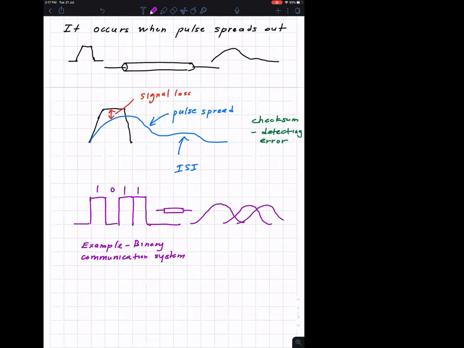The pulses are spread out. So when they combine, you're going to end up getting something like this. If that happens, that would be a disaster.